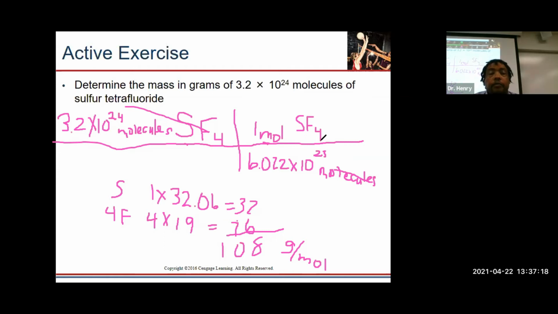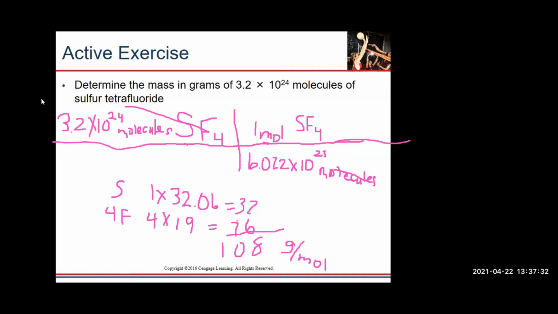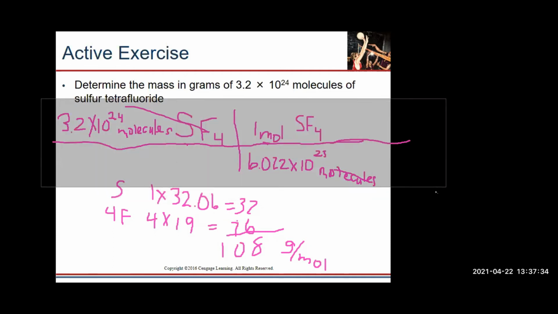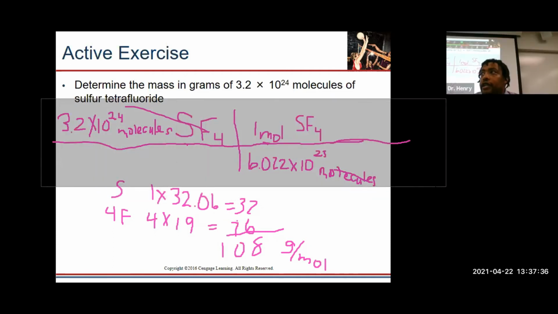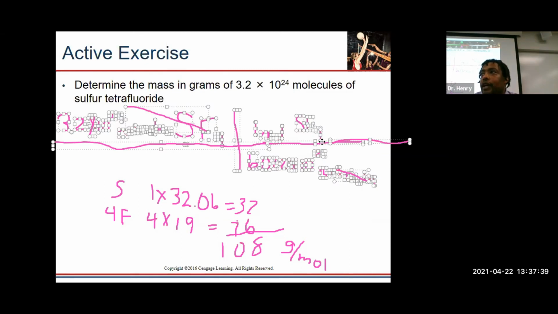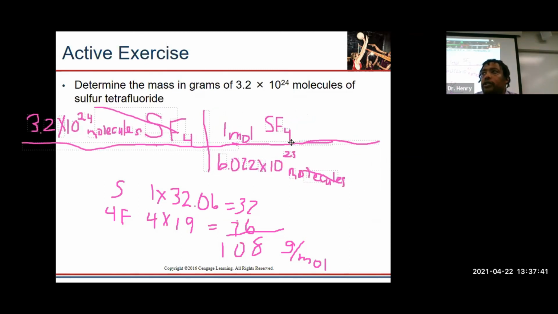Okay, so then how can I get grams? You grab the molar mass? I use that molar mass that you guys calculated earlier. That is correct. Okay, so I have moles on top right now.